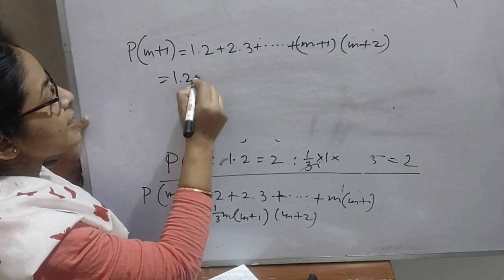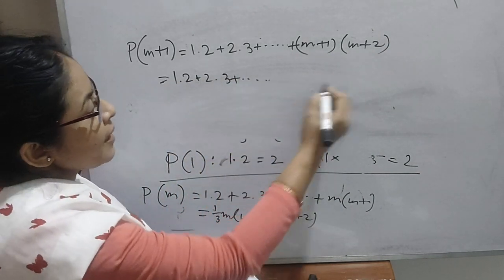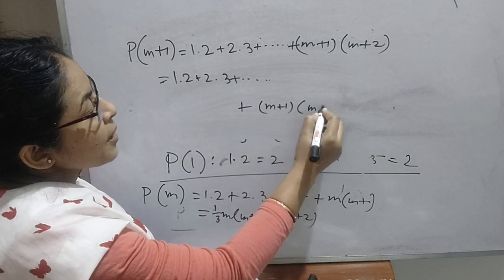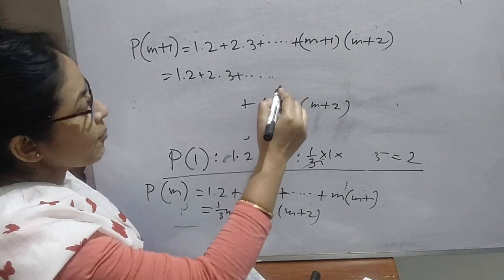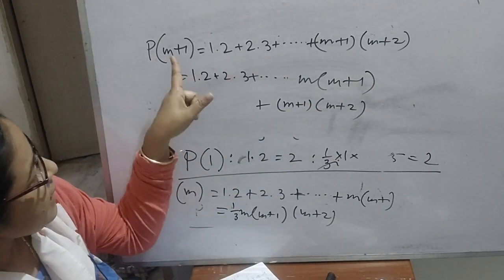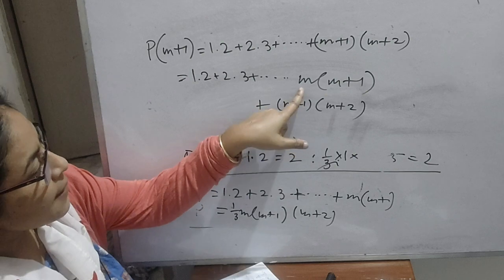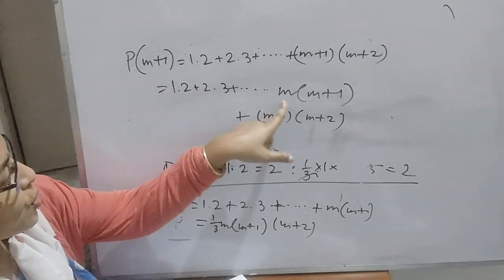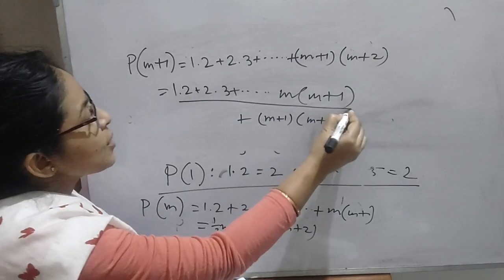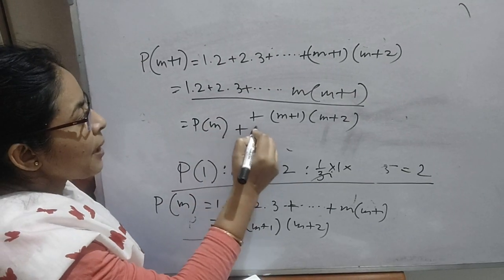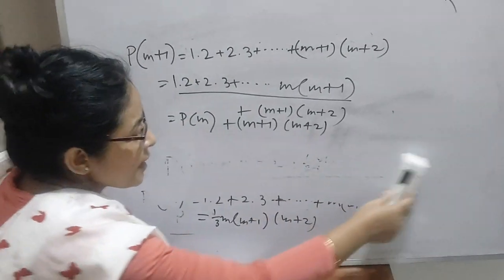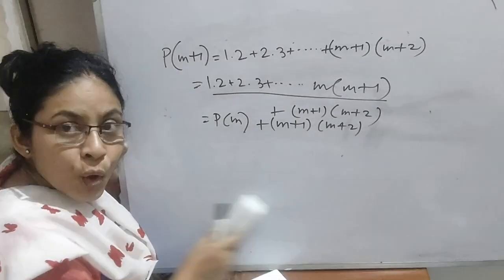The last term is (m plus 1)(m plus 2) and its previous term is m into (m plus 1), where m is replaced by m plus 1. Up to this is Pm, plus (m plus 1) into (m plus 2). I think it is clear to all.